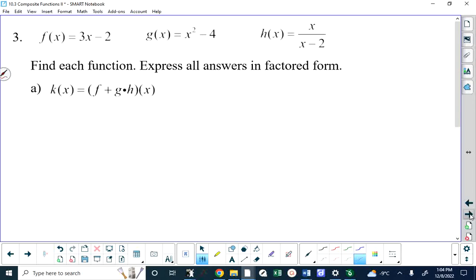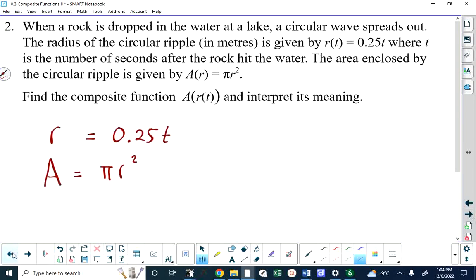It's the x-coordinate. But here, the independent variable is a totally different thing. In this function, the independent variable is time, and in this function, the independent variable is radius. Again, what I've chosen to do here so far is not worry about the function notation aspect of these functions. But I can't run away from the function notation when I'm asked to find a of r of t.